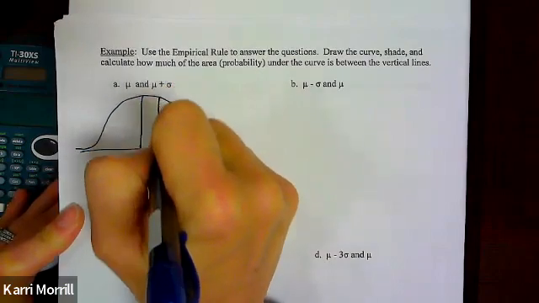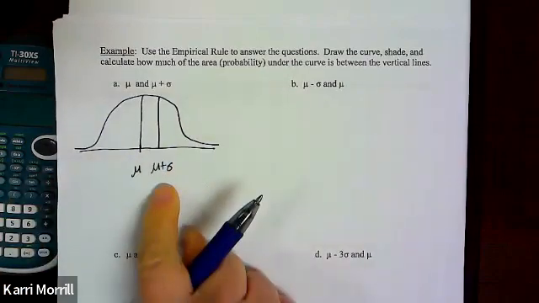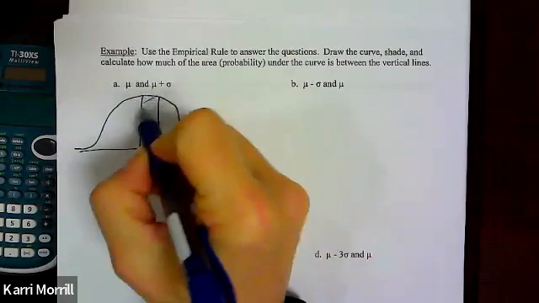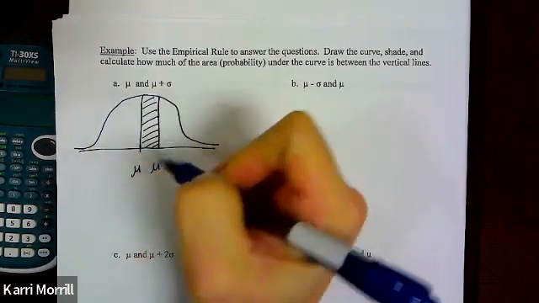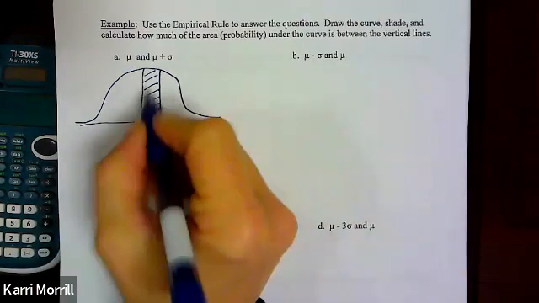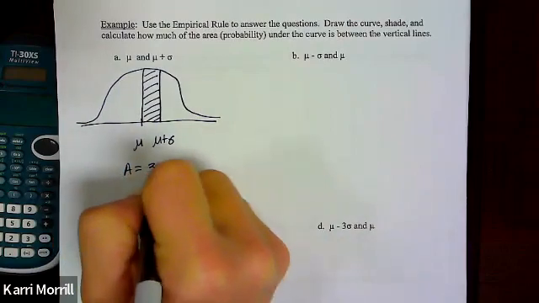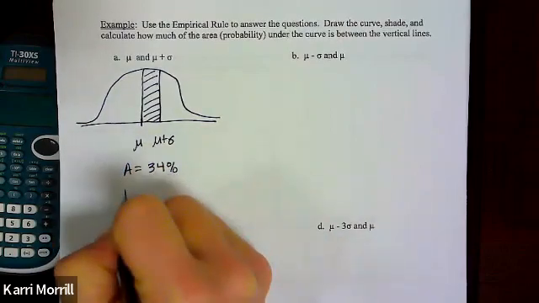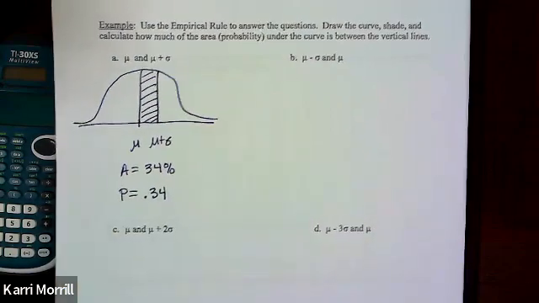And then it's saying between the mean and 1 standard deviation. And so it wants us to shade it. So I'm just going to maybe put some lines to represent this area. And what we learned from the empirical rule on the page before is that this represents 34%. So the area would be 34%. If they ask probability, you put it in decimal form and you would write 0.34.